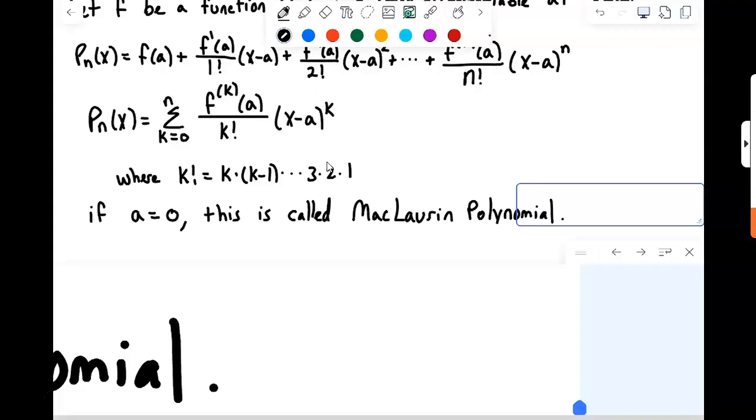Okay, this is called the Maclaurin polynomial. Okay, so this is the Taylor polynomial.